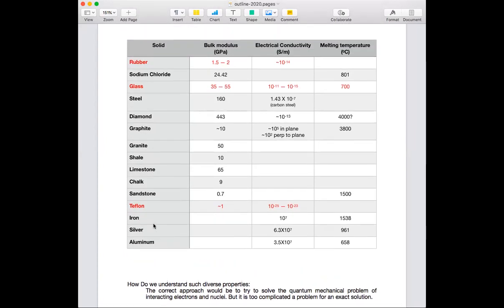So why is, for example, diamond so hard with a bulk modulus of 443 gigapascal, whereas Teflon is only 1 gigapascal? Or, let's say sodium chloride, which is somewhere around 24 gigapascal. Or diamond has a melting temperature which is 4,000 degrees Celsius, and something else melts at 900 degrees Celsius. So of course, it has to do with the bonding in these systems.